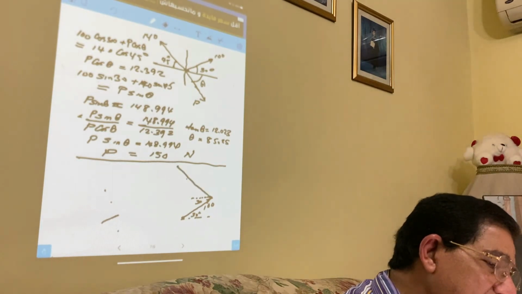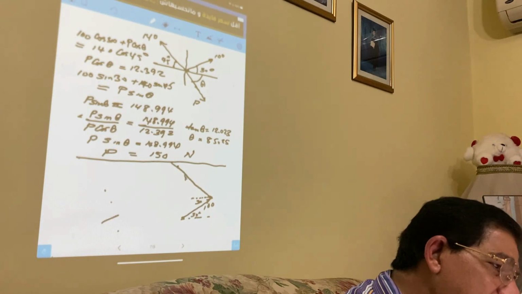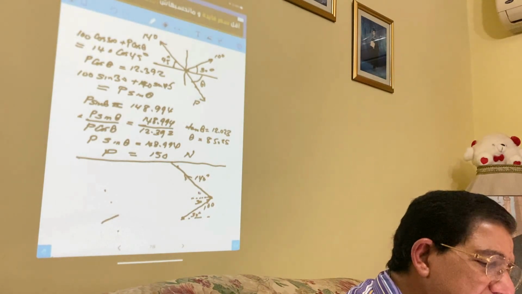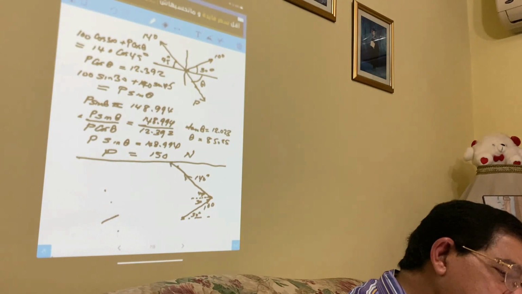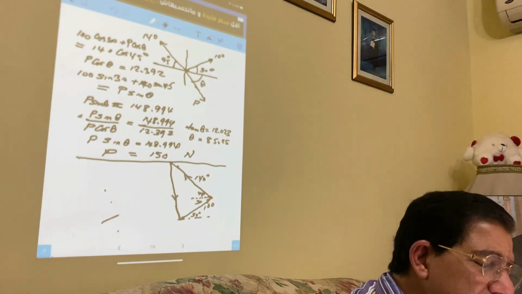Okay? Now, the force of 140 making 45 degrees there. Then we draw the third force, which is this one. This is the third force which is supposed to close the triangle.